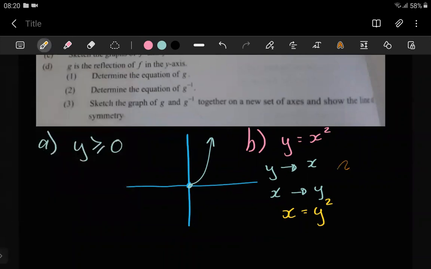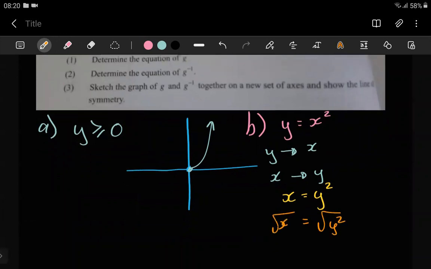So to make y the subject of the formula, we square root this side, then we square root this side. Okay, perfect.